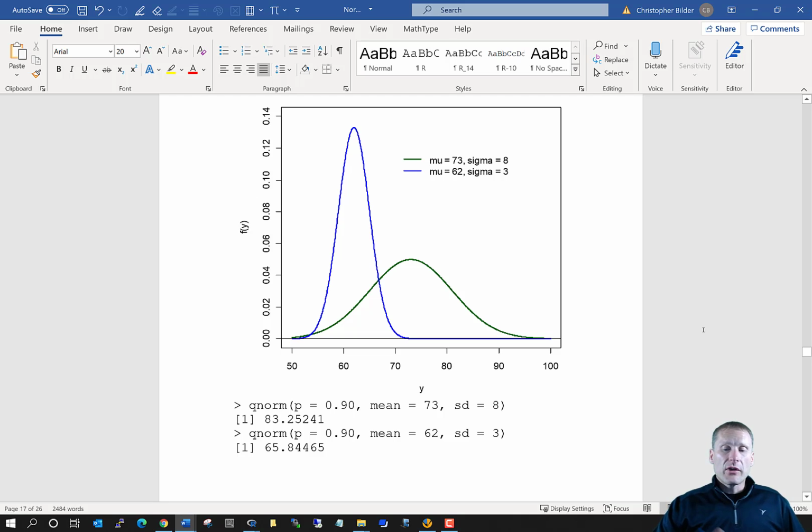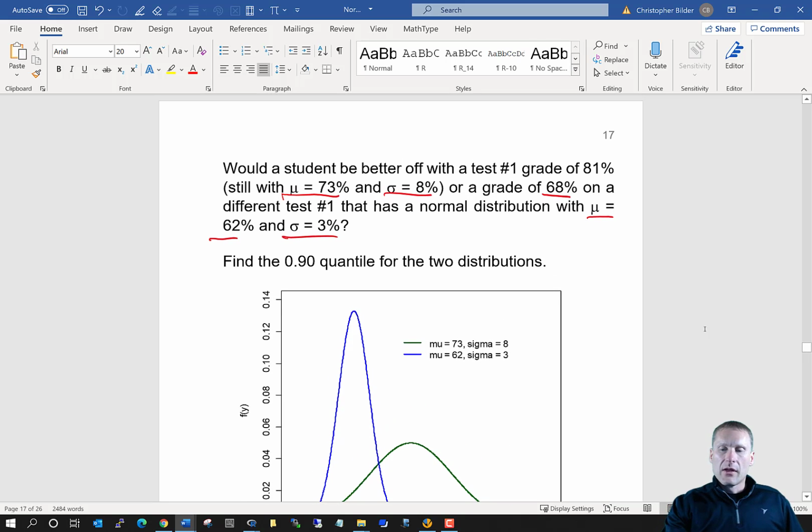So we go to the Qnorm function. Here's the first probability distribution. The 0.9 quantile is 83.2. Now with that second test though, the 0.9 quantile is 65.8. So again, we're given the choice. Would you want an 81% on that first test?